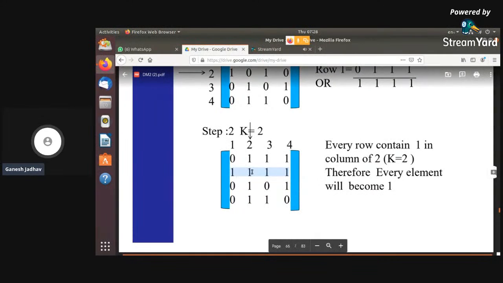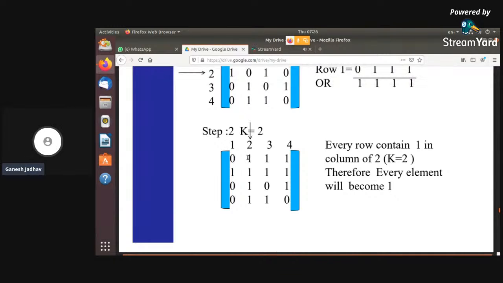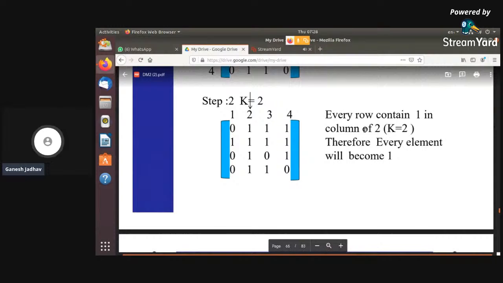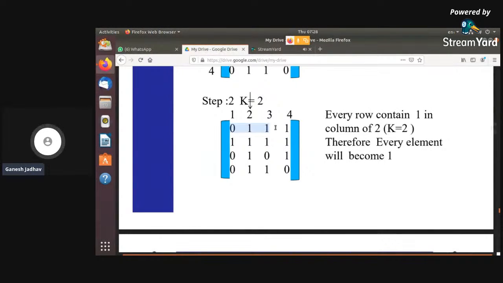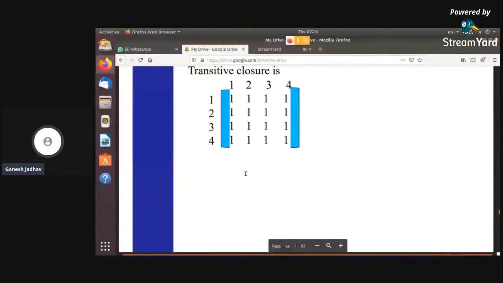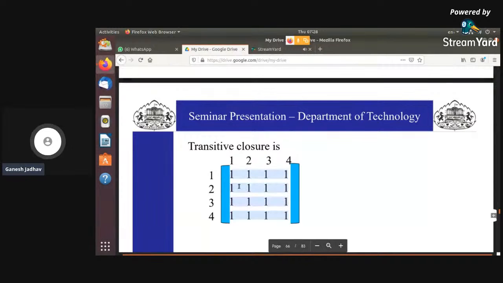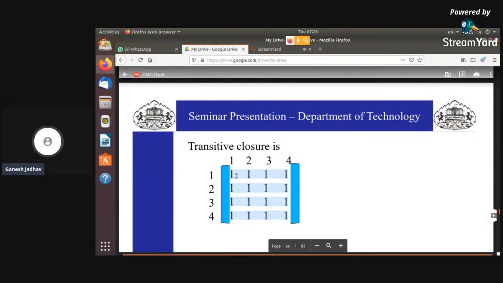In column 2 all the elements are 1, so there is a modification in all rows. In the rows all the elements are 1, so all the matrix is modified by 1. So this is the transitive closure: 1 1 1 1, 1 1 1 1, 1 1 1 1 and 1 1 1 1.